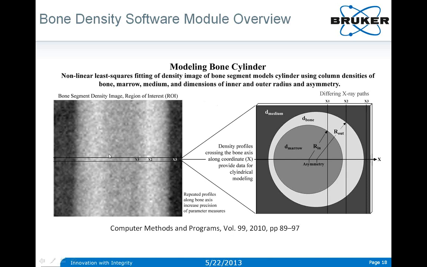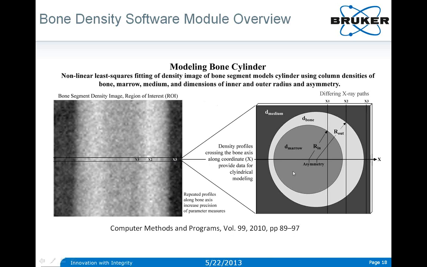And so we can see a display here, a long bone, and then a region of interest with regions X1, X2, and X3. So X1 represents inner bone, X2 outer bone, and then X3 is our median. Each one of these regions needs to be included because they are part of the bone cylinder model that is employed in the Bruker bone density software module.